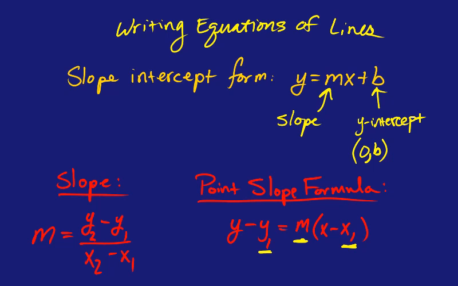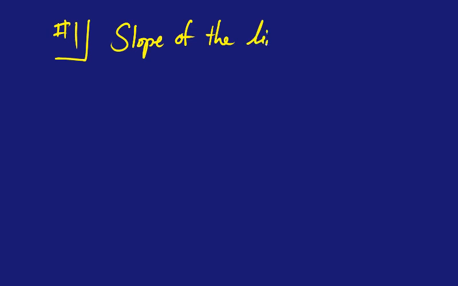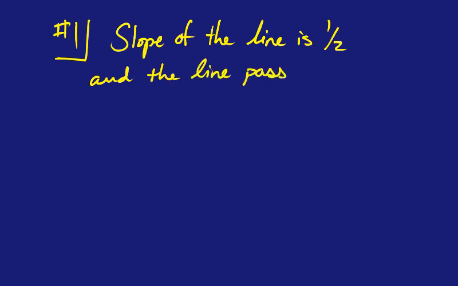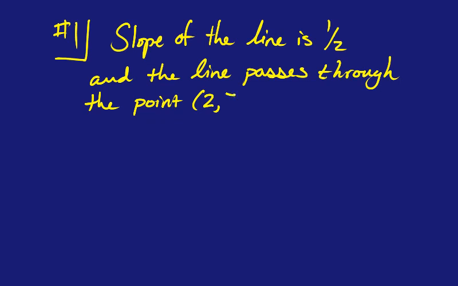So let's put this to work a little bit. Let's see what we can end up with. All right, so here we go. Let's go with the situation where the slope of the line is 1/2 and the line passes through the point 2, 7.